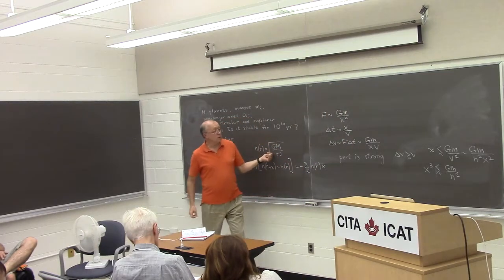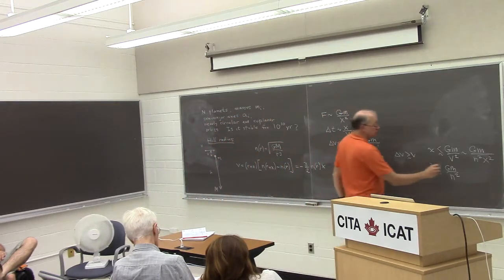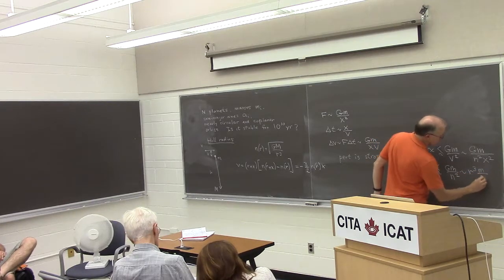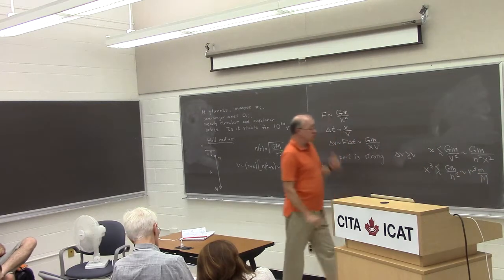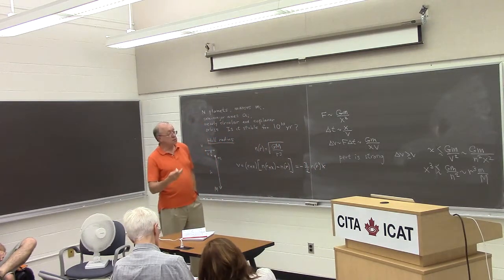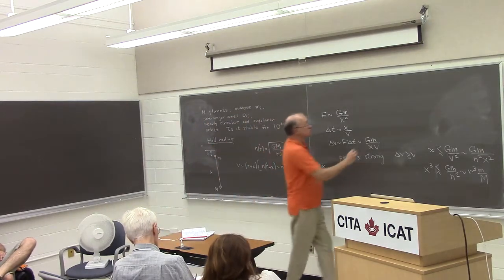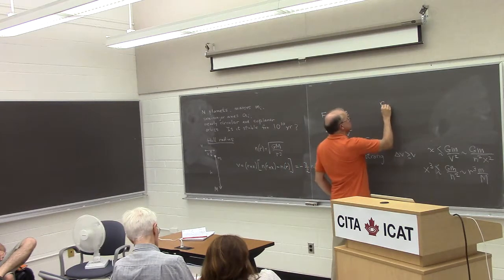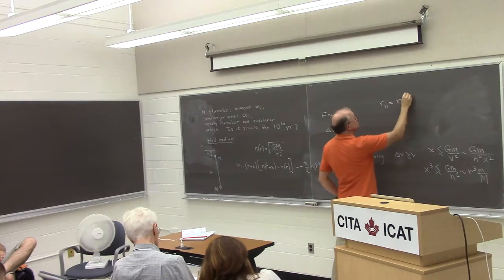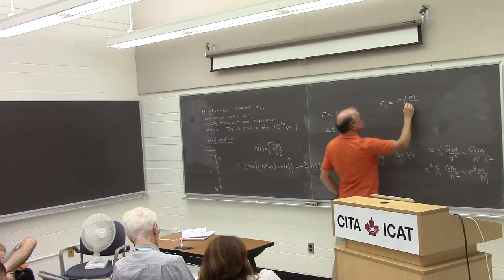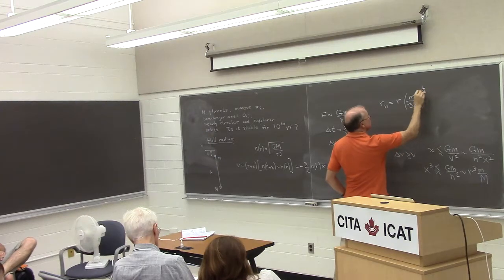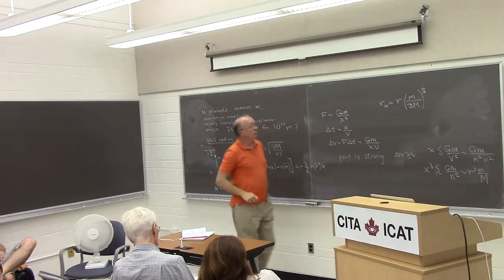We know what n is, and so this is roughly r cubed times the ratio of the mass of the perturber to the mass of the central star. And that leads us to define a characteristic radius called the Hill radius, which is the radius of the perturber times the mass relative to the mass of the star, with a historical factor of 3 in there.